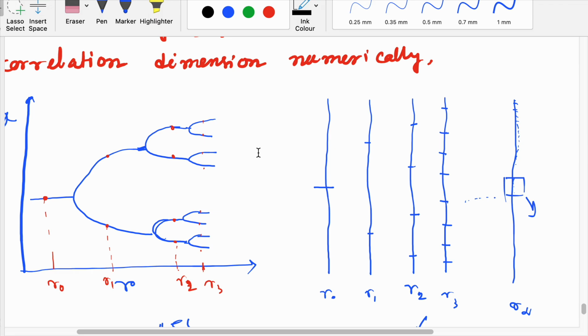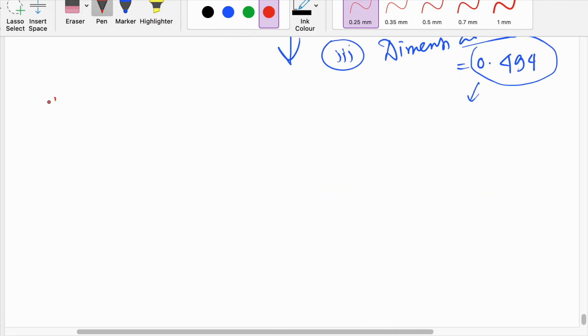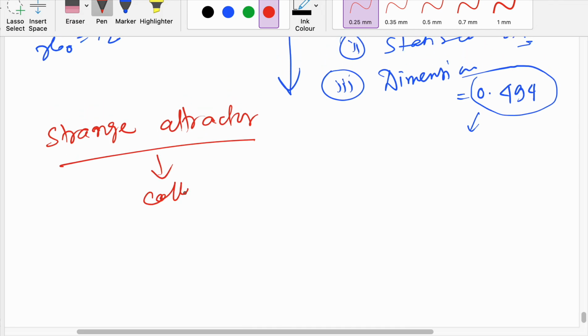It's not a line, and not a simple set of points. It settles down to a strange kind of attractor, which I am not going to elaborate on in this course, called a strange attractor. It is strange because it's not a collection of points, and not a line, but rather in between the two. Its dimension is 0.5, between 0 and 1.